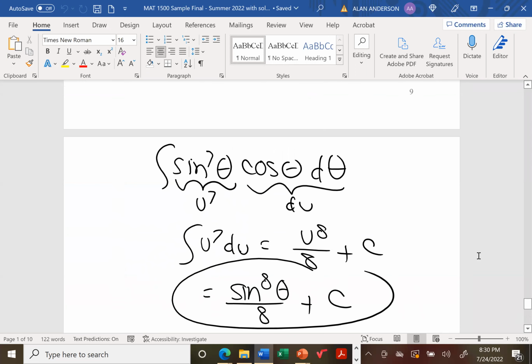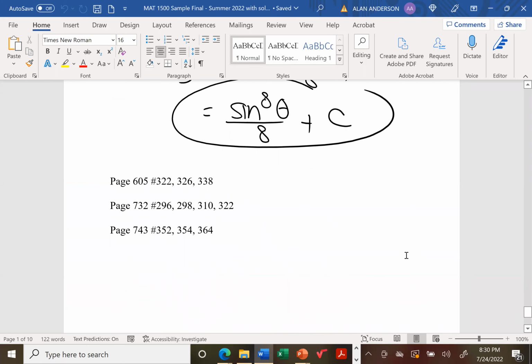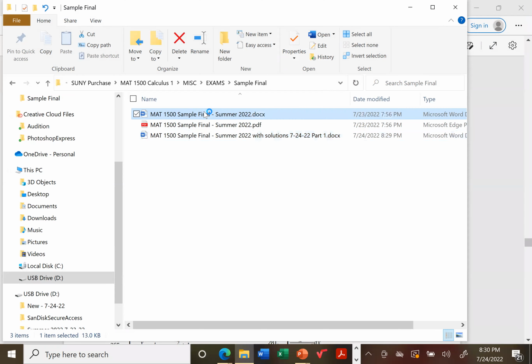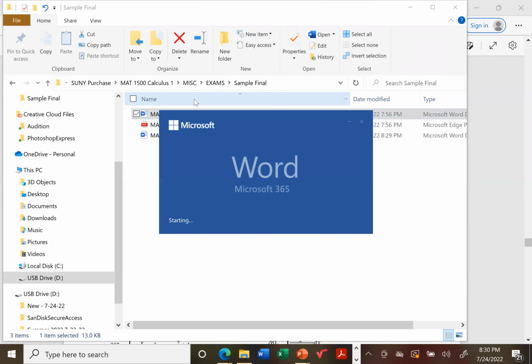All right, so we were just getting ready to do 605. So what I'm going to do is put the rest of it on the second document. I'm going to open this up and resave it.